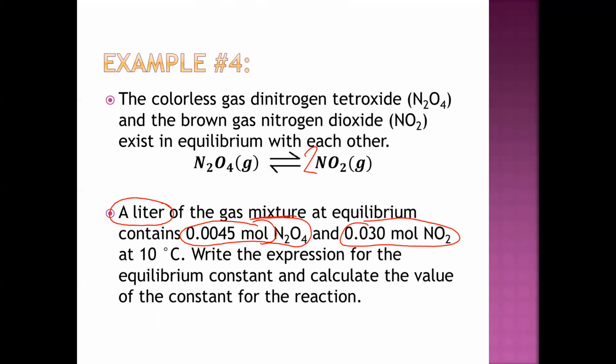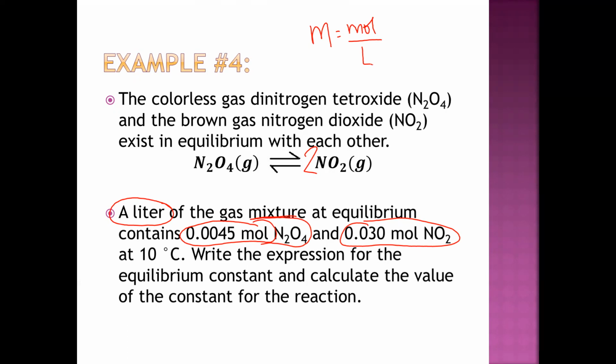Is moles on top divided by liters, or liters on top divided by moles? Moles are on top. To find the molarity, the equation we had from chapter 16 was that the moles are divided by the liters.